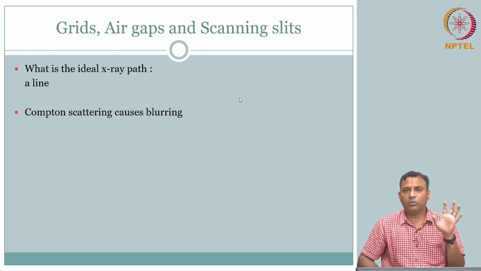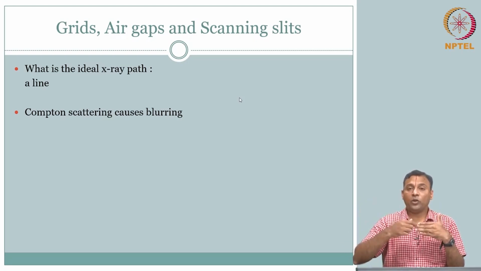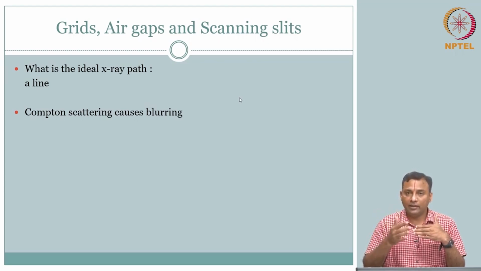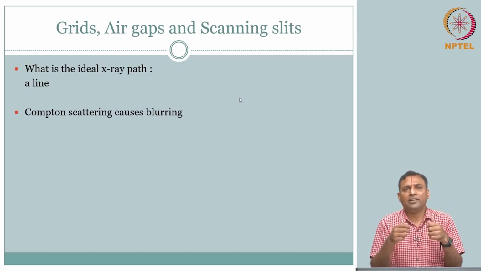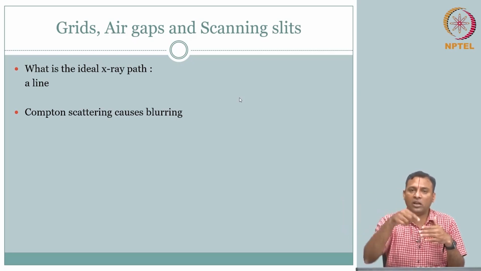We talked about this before. It is an undesirable aspect and we need to reduce it. How do we reduce it? Maybe we do not want to collect that in the detector. Before it hits the detector, we want to make a kind of filter, a gating mechanism. I will only allow those coming along the straight line.